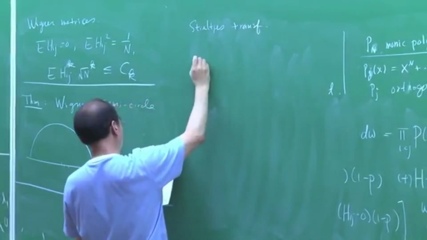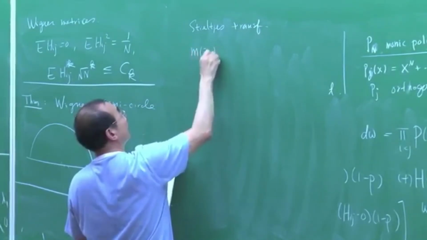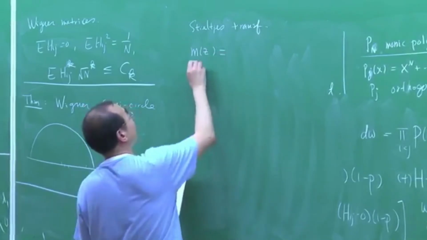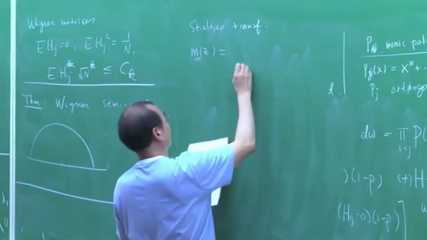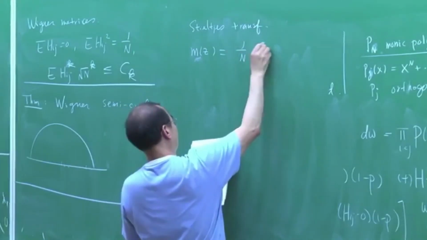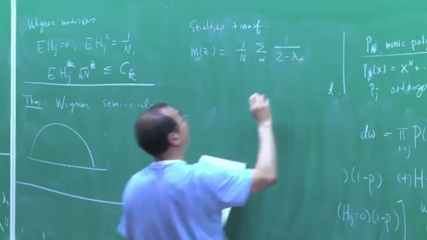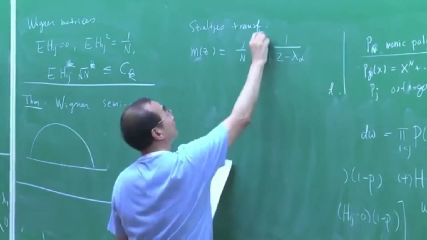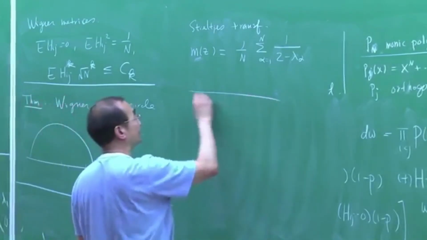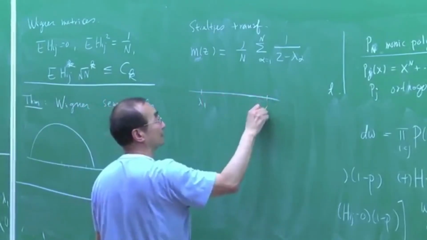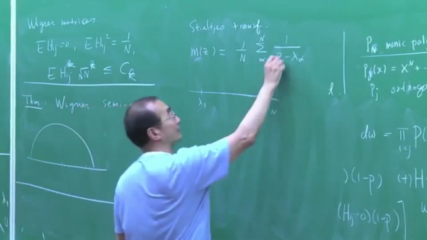The Stieltjes transform m(z) is equal to 1 over n summation of 1 over (lambda alpha minus z). So if you have eigenvalues lambda 1 to lambda n, then you consider z as a complex number.